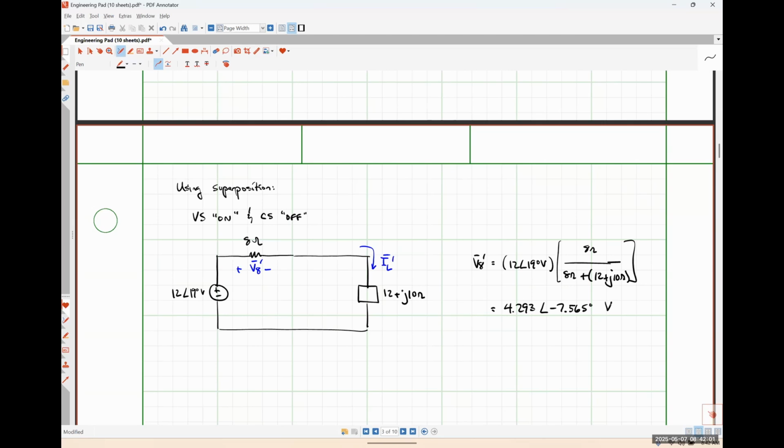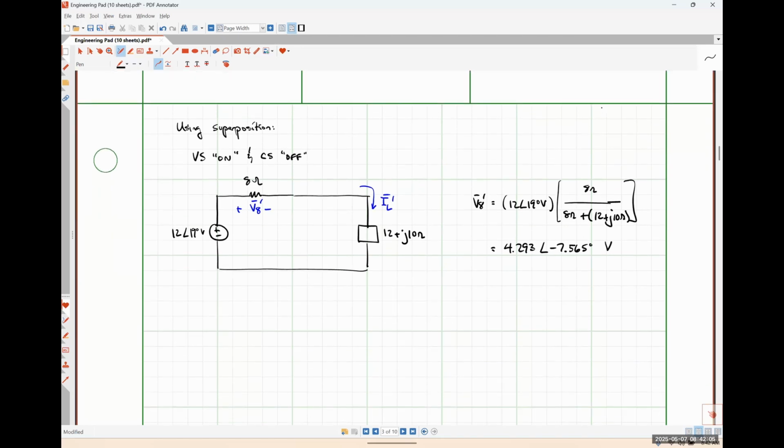Either way is going to give us the exact same result because they represent the same current, right? So I could say that IL prime is 12 angle 19 degrees volts divided by that 8 ohms plus 12 plus J10 ohms, like so.